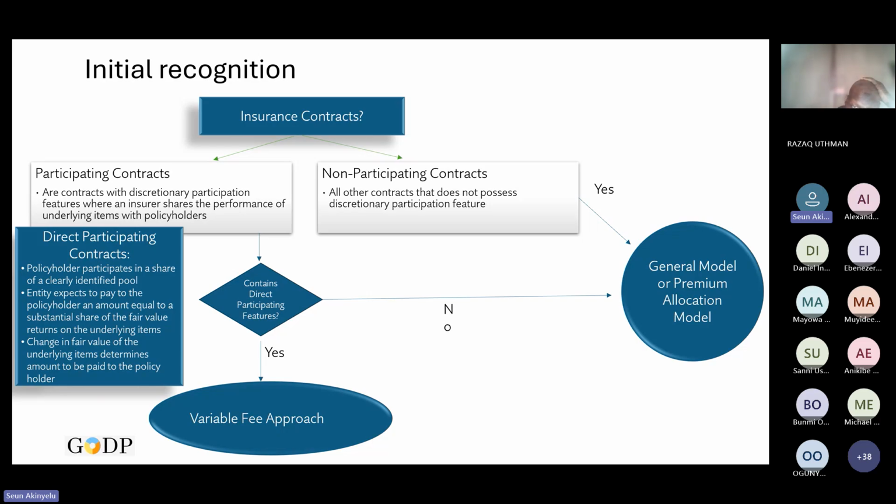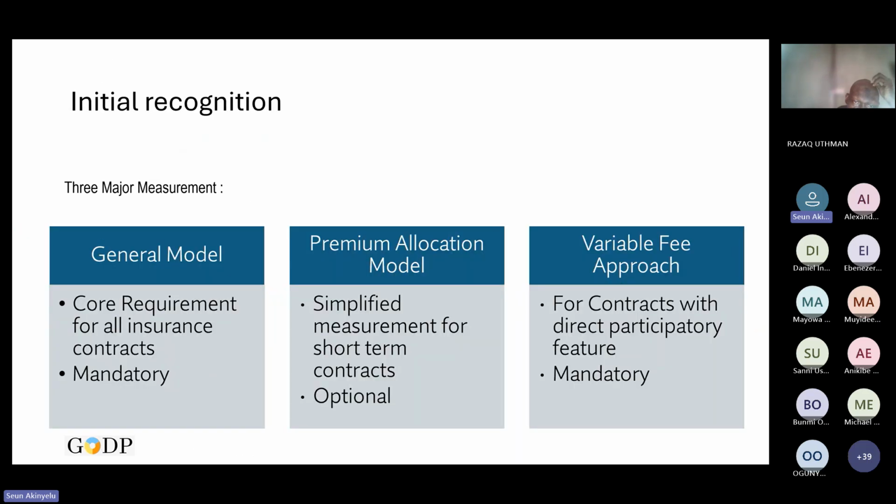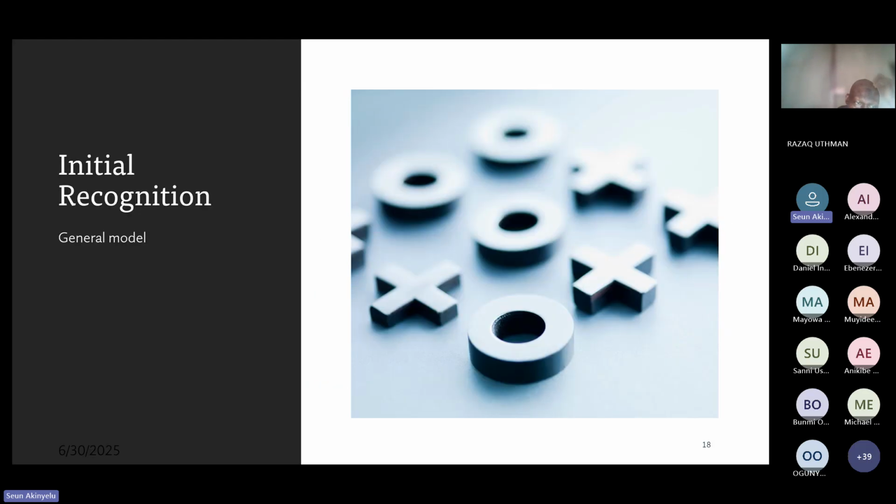If not, you are supposed to use the general model or the core requirement, or the premium allocation model. The premium allocation model is the simplified one, which you are supposed to use only for those contracts that are short term as they may be.